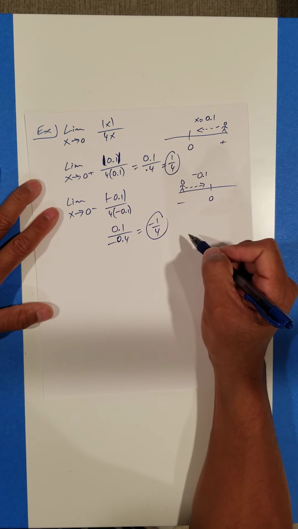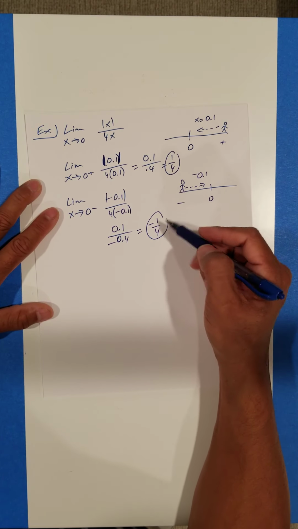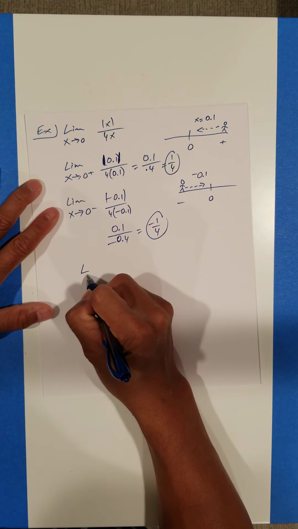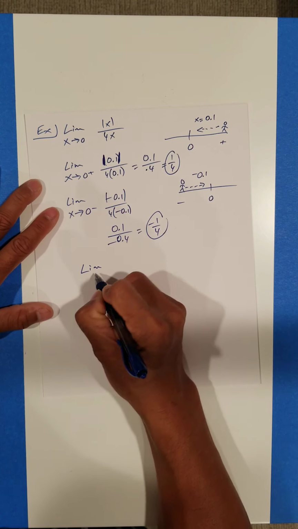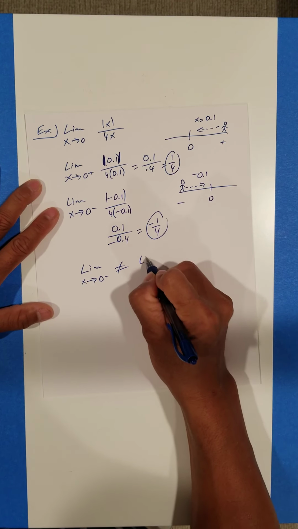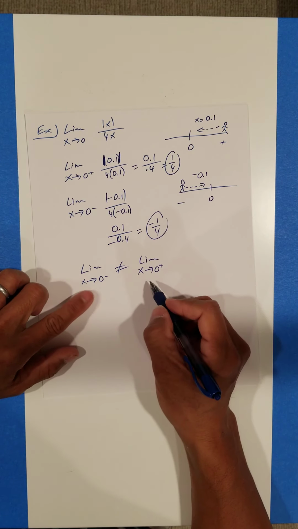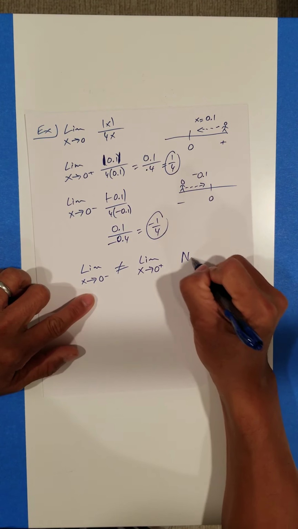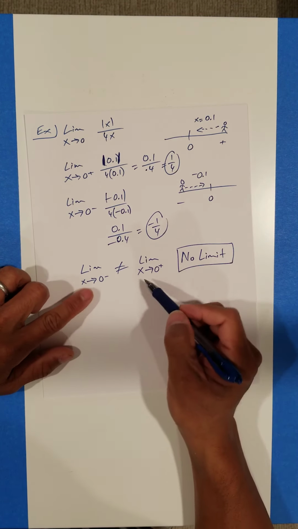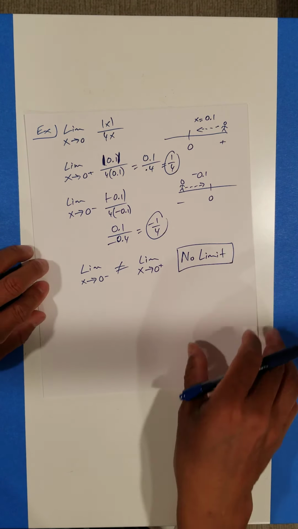So your function is not coming to the same value. The left limit and the right limit do not equal. Because these two numbers do not equal, there's no limit. There's only a limit when these two are equal, when the left side and right side are going towards the same value. So that's an example of no limit.